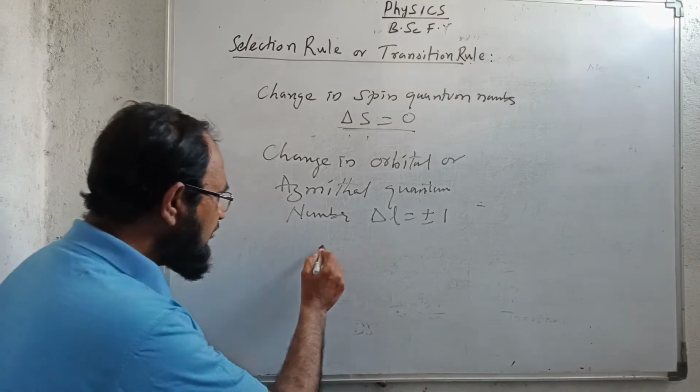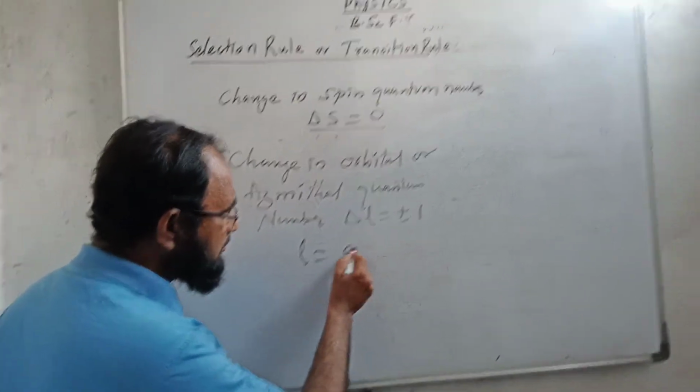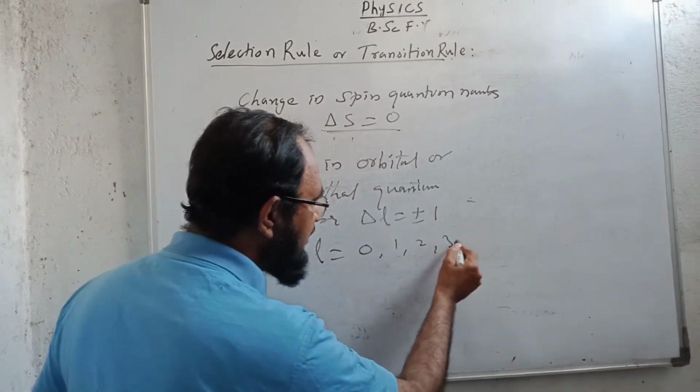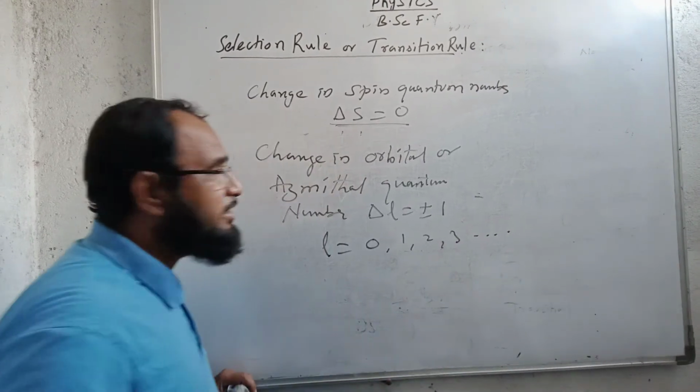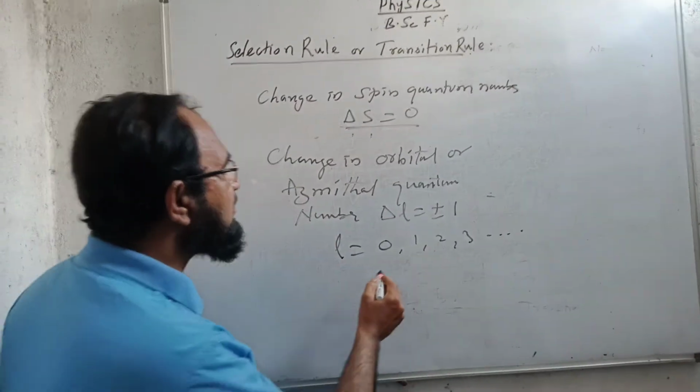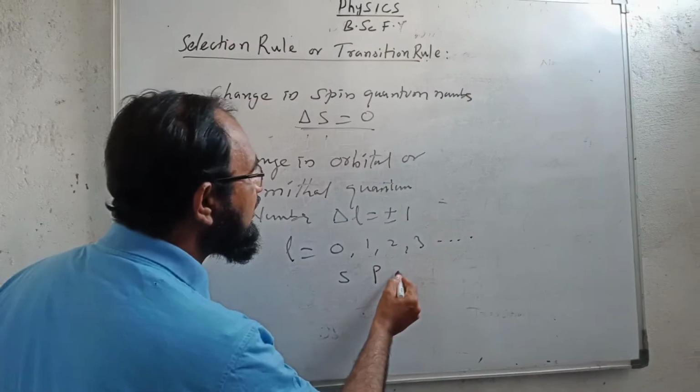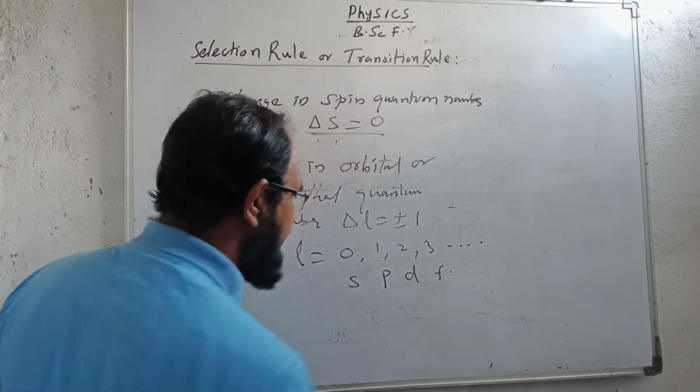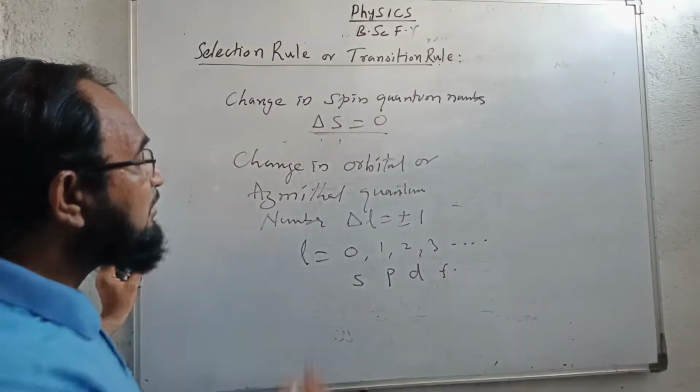We know that the value of L will vary from 0, 1, 2, 3 and so on. It means that there are the corresponding orbits S, P, D and F.